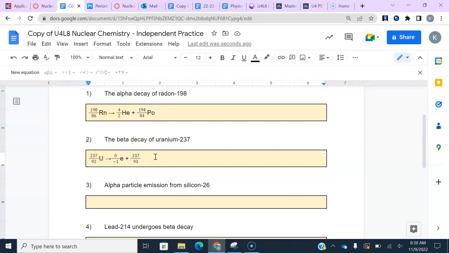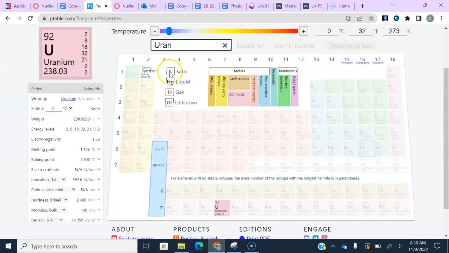Now, like we did before with our alpha decay, we have to figure out what our new element is. Remember, the atomic number tells us the identity of the element. Our atomic number is no longer 92, so this is no longer uranium. Let's go to the periodic table and find the element with the atomic number of 93.